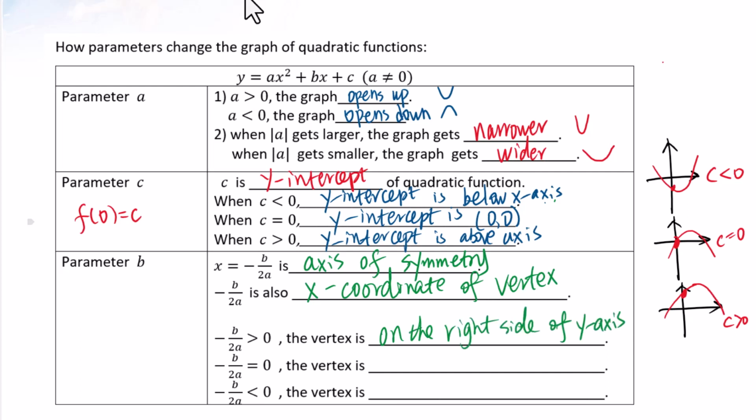If negative b over 2a equals 0, the vertex is on the y-axis. When negative b over 2a less than 0, the vertex is on the left side of the y-axis.